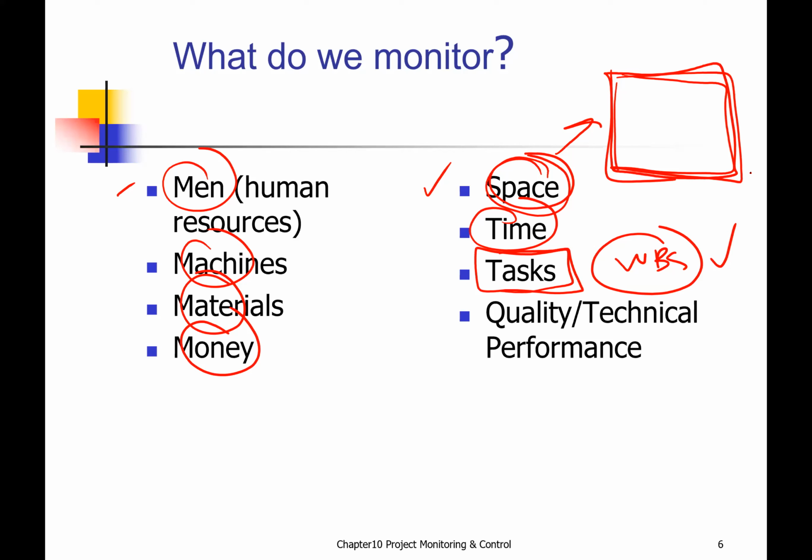People miss constructing something in the building. Then they need to rectify. Once you rectify, basically you are going to lose on time already. And then the quality aspect and other performance. There are many performance requirements needed even by the client or your own organization. So it depends. What exactly do you want to monitor? Everything can.